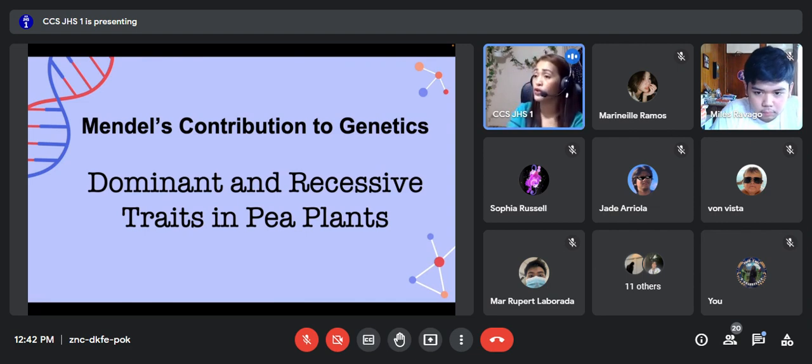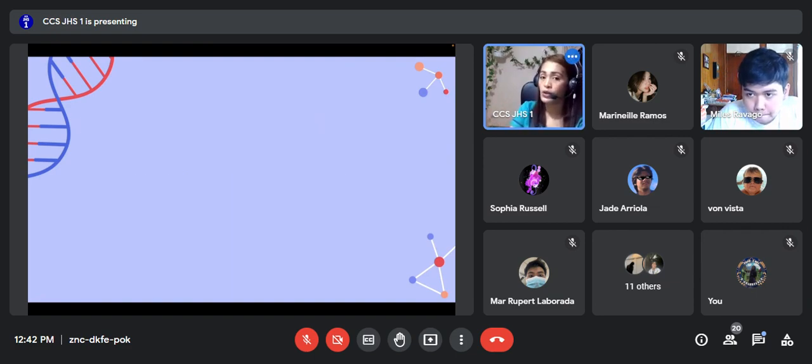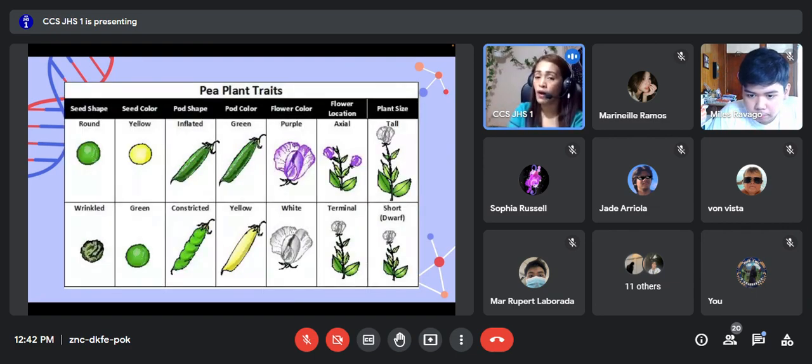Number one, we have, of course, the dominant and recessive traits in pea plants. So he was able to distinguish, or make a list of, which of these traits are considered to be dominant, or which are the alleles for that particular trait. He was able to propose that there are actually 7 traits observable on a pea plant.